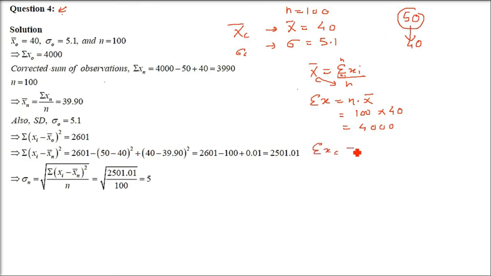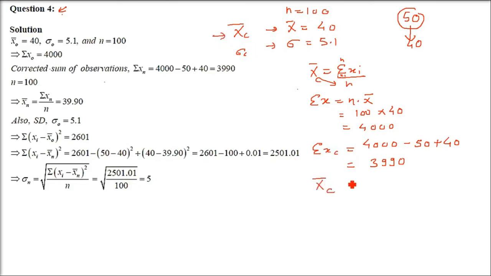Okay, but we have to find out sigma x corrected. So what was the problem? 50. So we have to subtract 50. 50 was the incorrect value, so we subtract 50, and 40 is the correct value, so we add 40. So what do you get? 3990. That is, you have to subtract only 10. Now this is sigma x, the correct value. Let us find out the correct mean now.